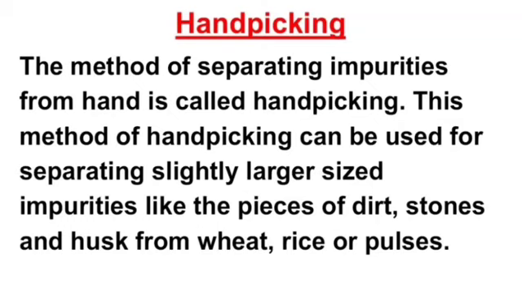This method of hand picking can be used for separating slightly larger size impurities like the pieces of dirt, stones and husk from wheat, rice or pulses. It means this method is used for separating larger size impurities.